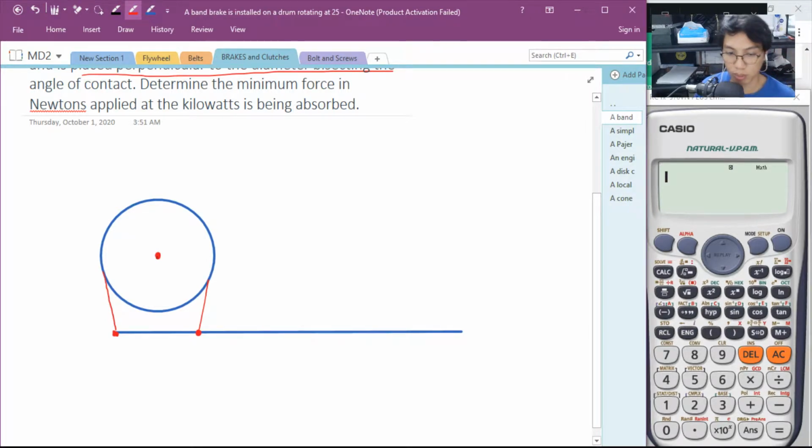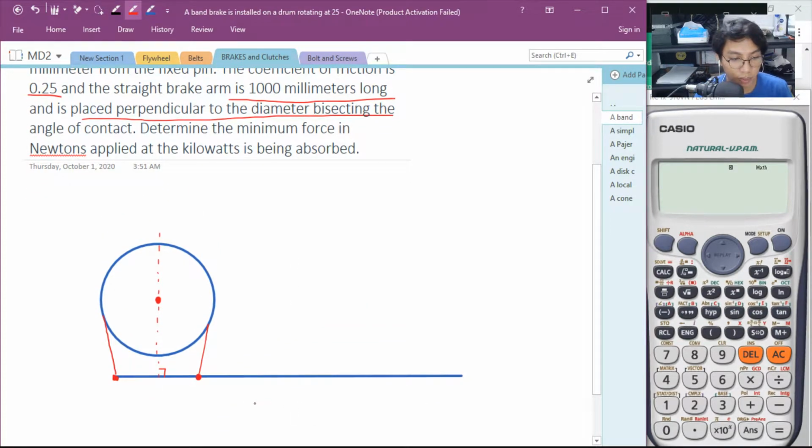Tapos, yung brake arm mo daw is perpendicular to the diameter that is bisecting. Ito yung diameter that is bisecting. Okay, perpendicular siya dyan. Then we could say that the angle of your bands are 45 degrees. Angle bisecting.